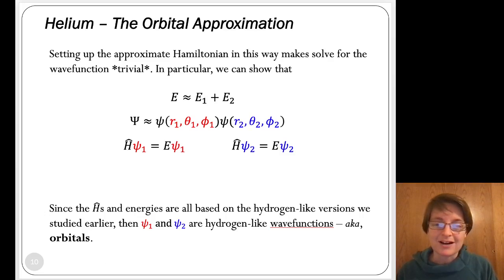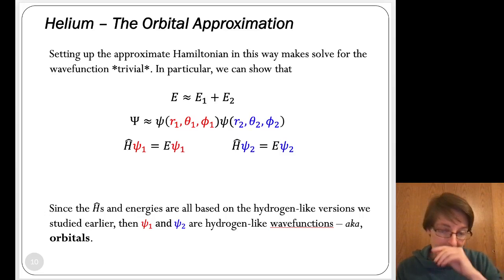Here, for our approximation with this non-interacting helium atom where the electrons don't interact with each other, the wave functions now are a product of one-electron wave functions, and the energies are a sum of the one-electron energies.